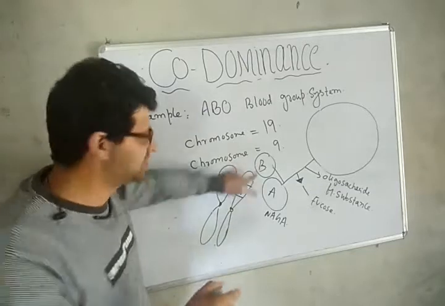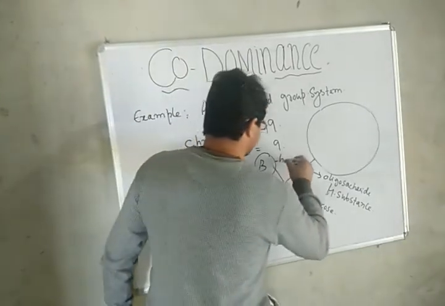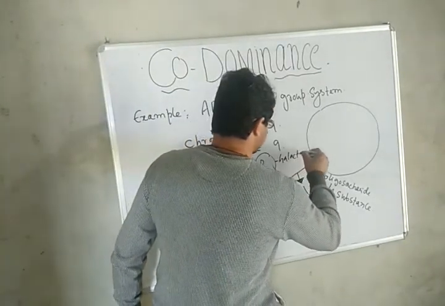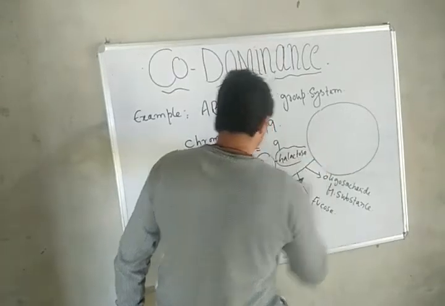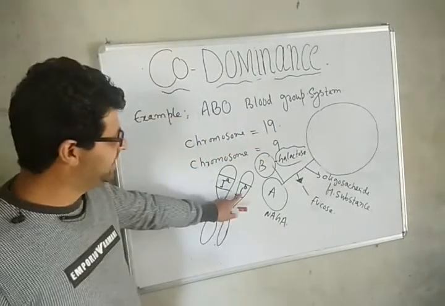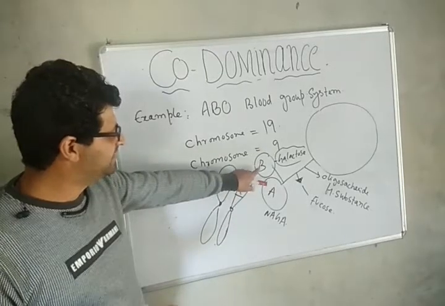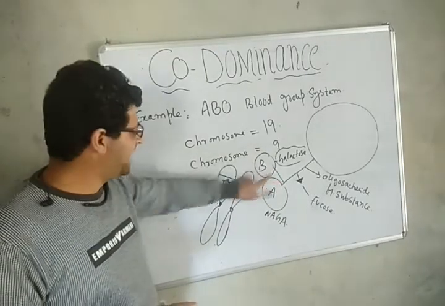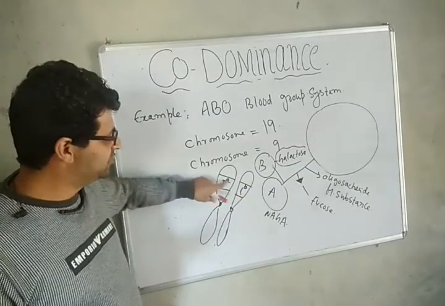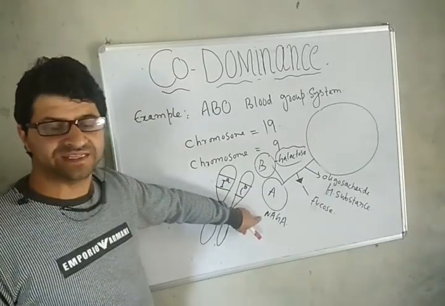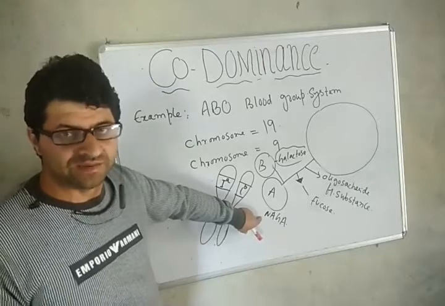It is actually the galactose molecule. So the activity of IB is to form galactose, and the activity of IA is to form NAGA, N-acetyl glucosamine.